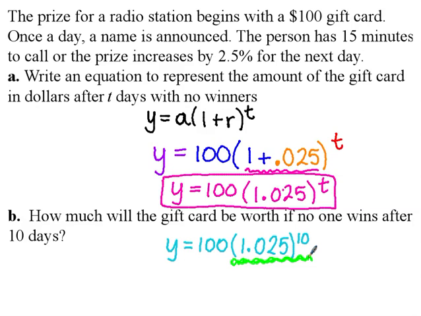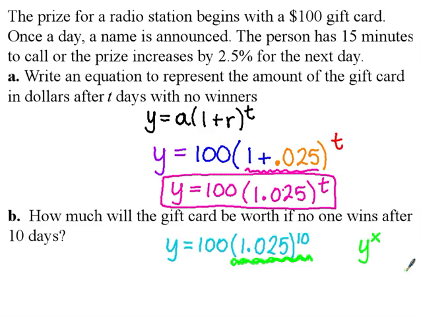Now what you're going to do, depending on what calculator you have, okay? I see you've got some with the TI-30. If you have the TI-30 X2A, something like that, I think you have that one too back there, Ethan. You are looking for this key right here. What you're going to do to enter that in is you're going to take 1.025, hit the Y to the X key, and hit 10.